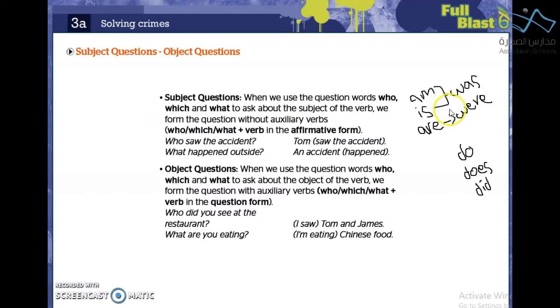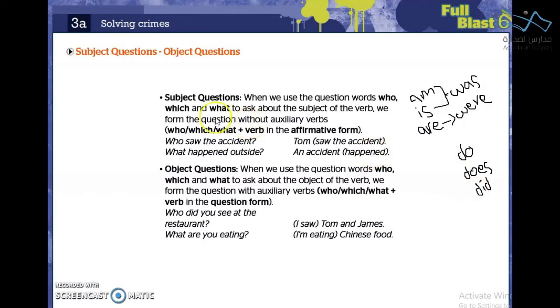I wrote here some of them. In the present, am, is, and are. Am and is, the past of these two auxiliary verbs is was, while the past of are is were. And also, some of the auxiliary verbs written here are do, does in the present, while we use did in the past.